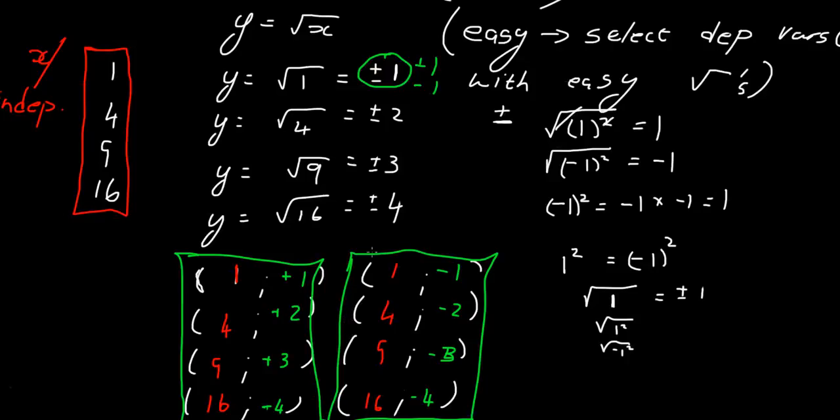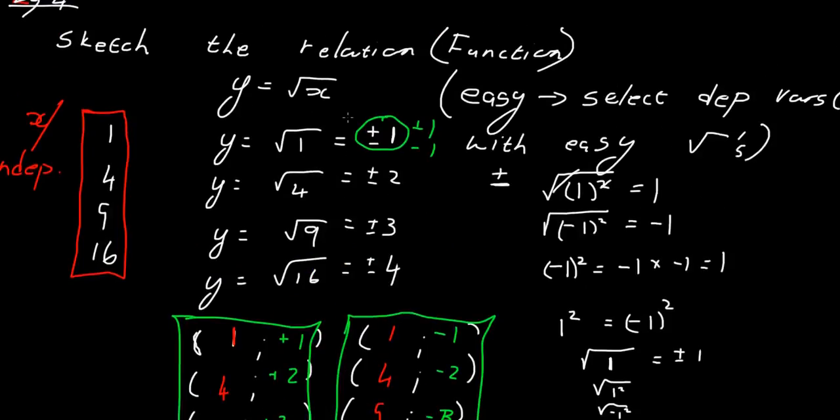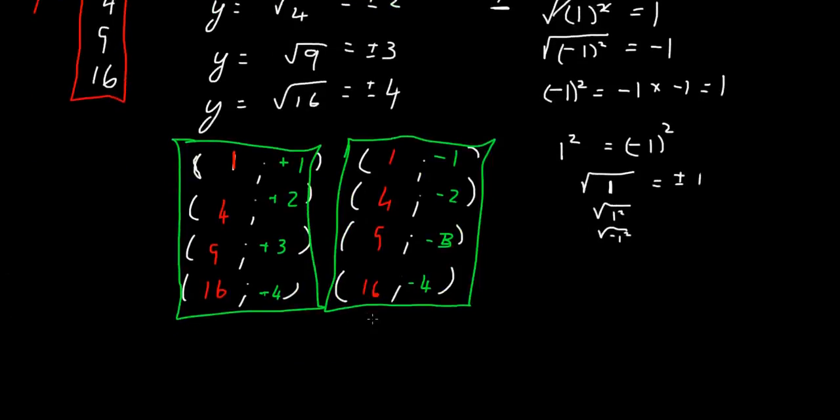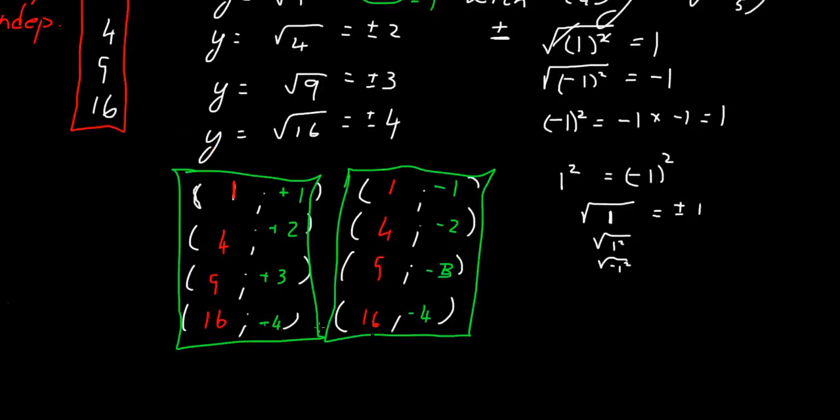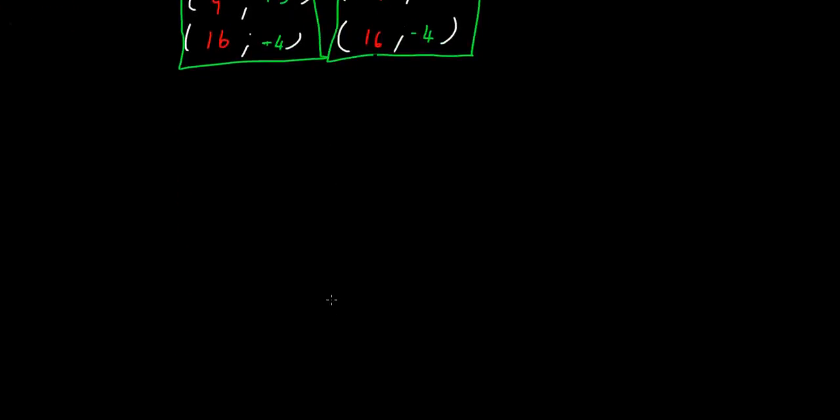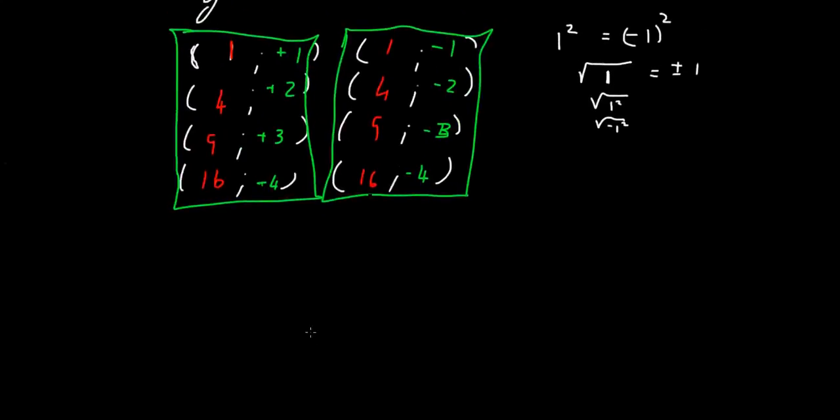So we've worked out our set of ordered pairs that were generated with our relation. And the instruction was to sketch the relation y equals root x. So now we've got a bunch of ordered pairs. If we draw them in on a Cartesian plane and connect the line between all the points, we will have sketched it. So let's draw our Cartesian plane here.